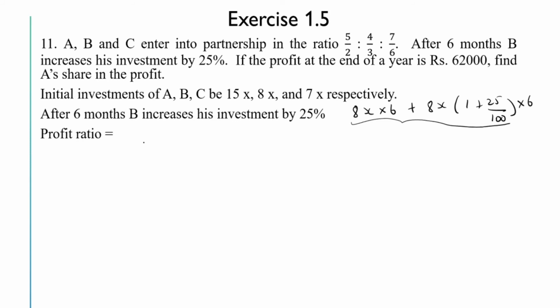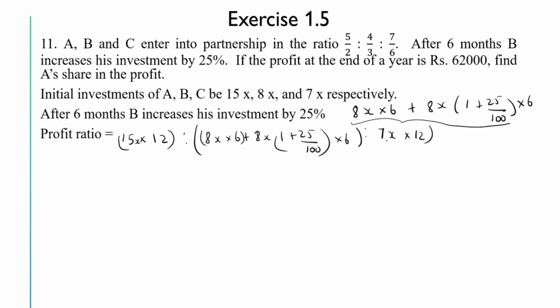The profit ratio is nothing but the investment into time period: A's 15x into 12 : 8x into 6 plus 8x into (1 plus 25/100) into 6 : 7x into 12.